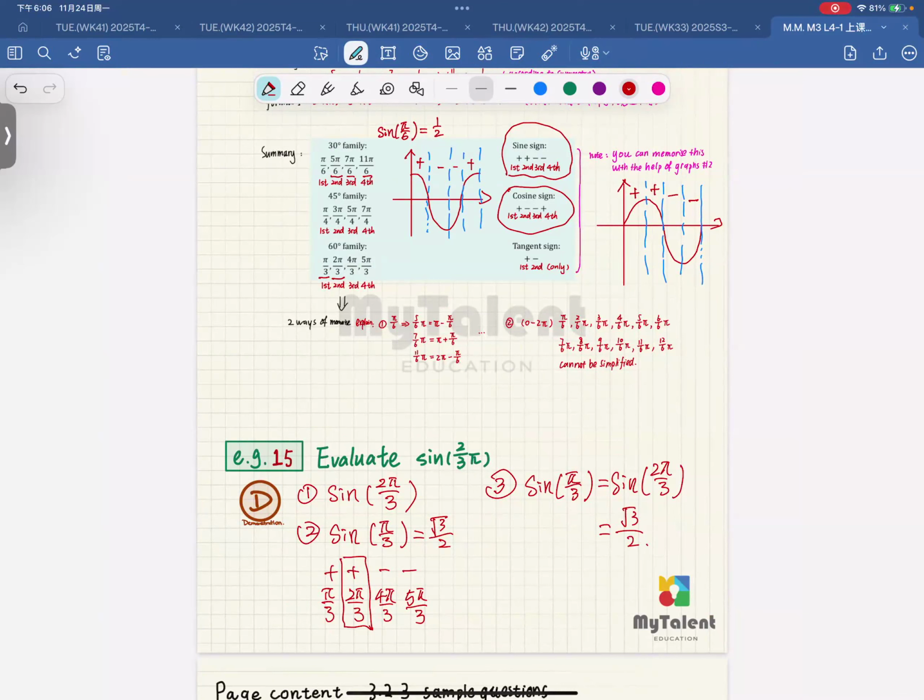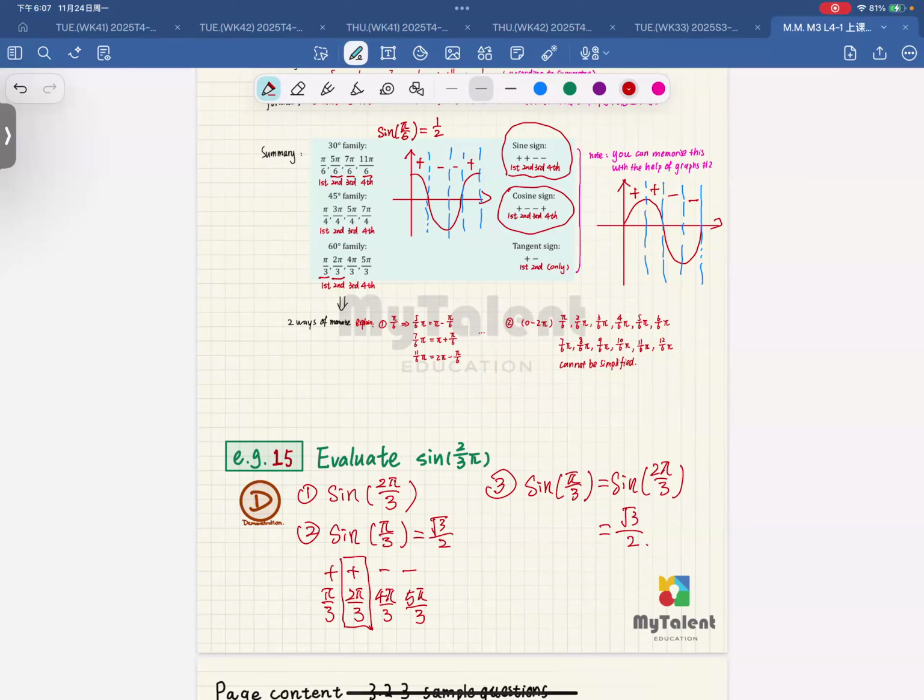Because it's in the 60 family, it's pi over 3. And for pi over 3, the sine is root 3 over 2. So sine 2 pi over 3 is also root 3 over 2. What about the positive or negative sign?